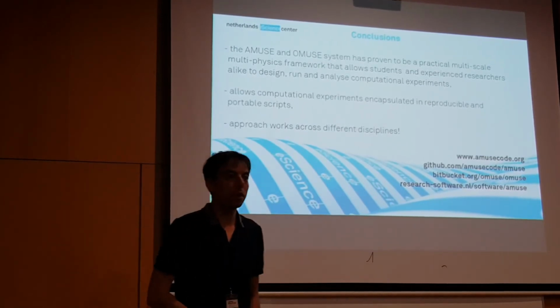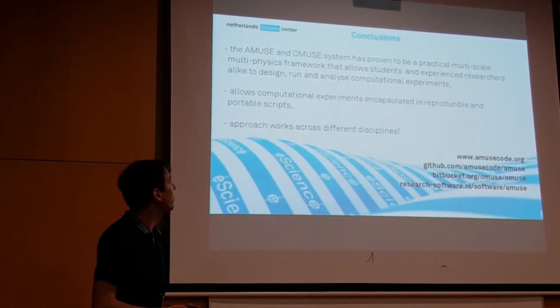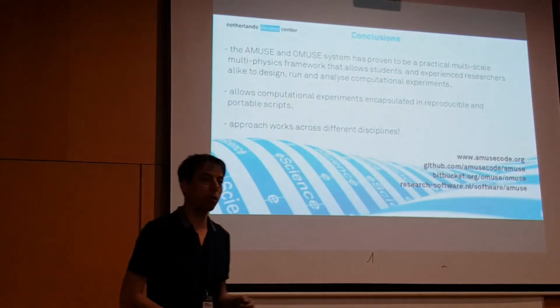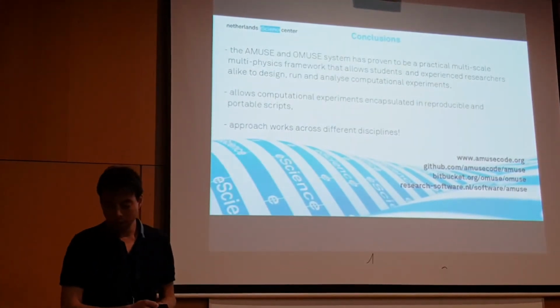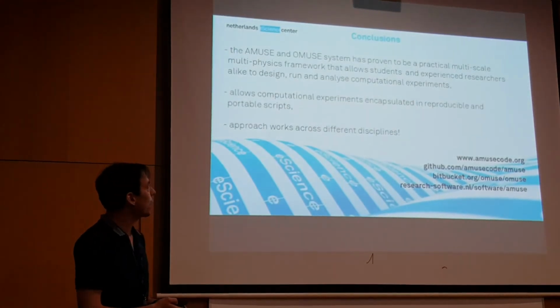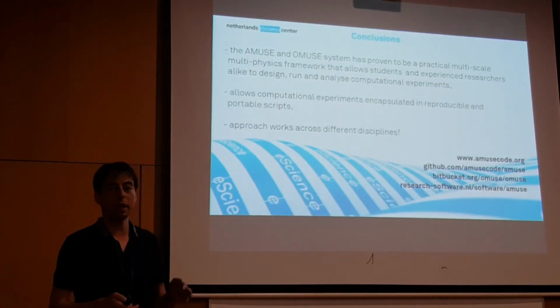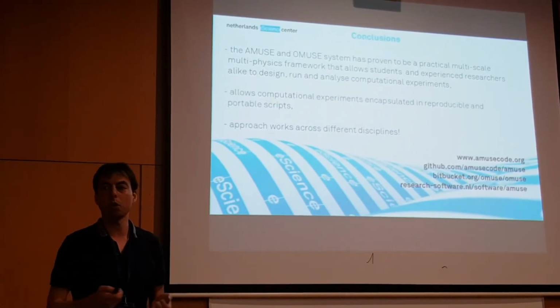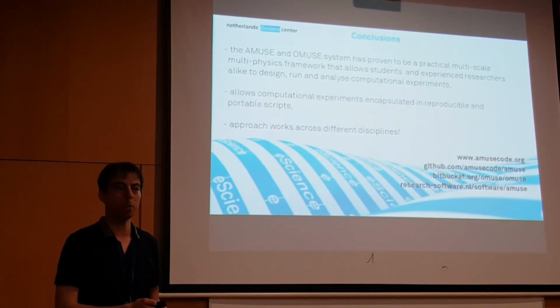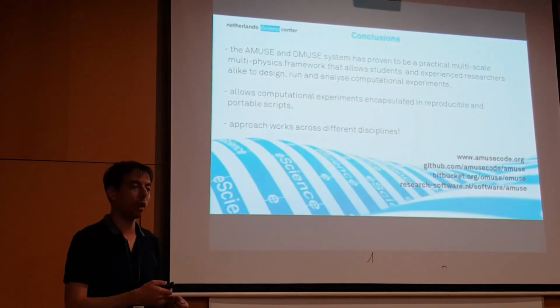So, my conclusions. I think AMUSE and OMUSE have proved to be very versatile and very easy to use packages. The important and nice thing is that you can write down quite complicated computational experiments in small scripts that you can give to colleagues.